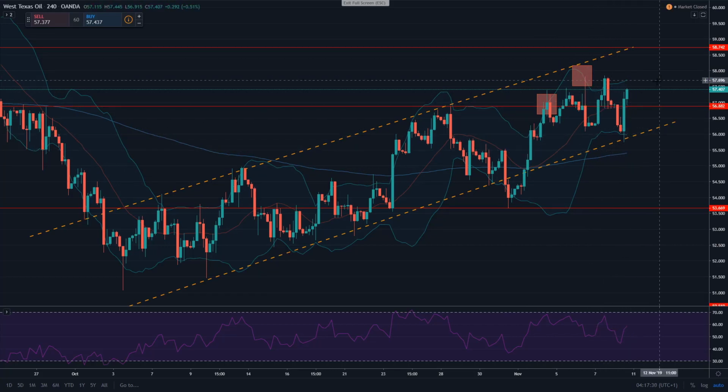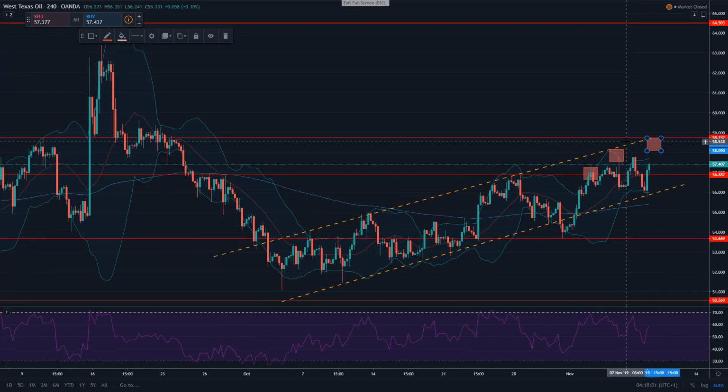Okay, and now I don't want to make a scenario or a prediction, because I would like to wait for the price to get to this area more or less. Okay, I would like to have the price in this area to short. Why?